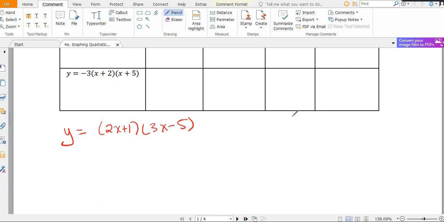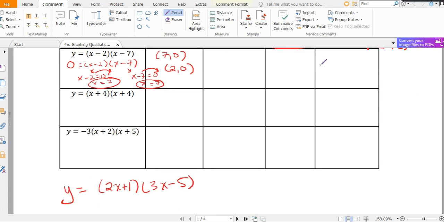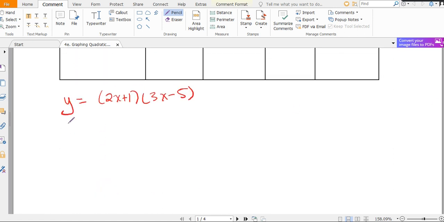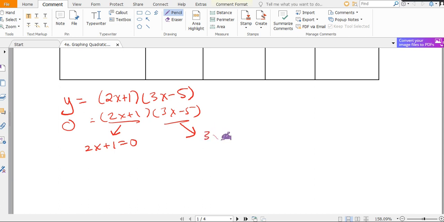Well, it's just using the above fact that, in order to find the x-intercepts, I want my y value to be 0, right? Which means that 0 times anything is 0, so either 2x plus 1 equals 0, or 3x minus 5 equals 0.